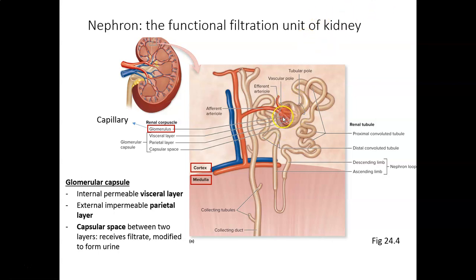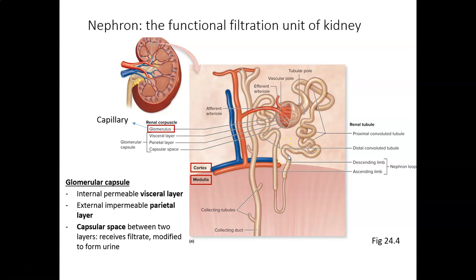That's where the filtration happens and the filtrate is generated. All the other components of the nephron basically modify the filtrate and form urine along the way.